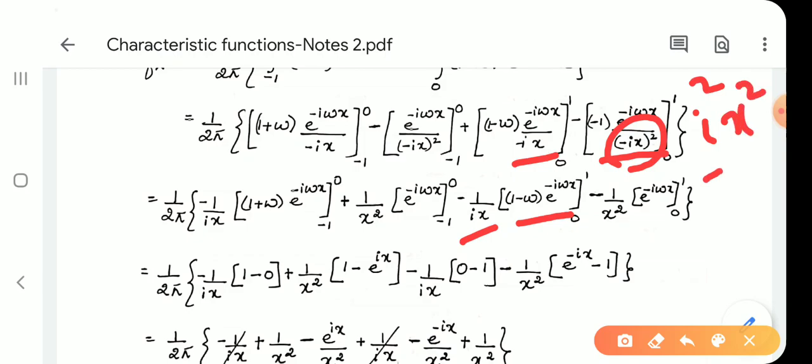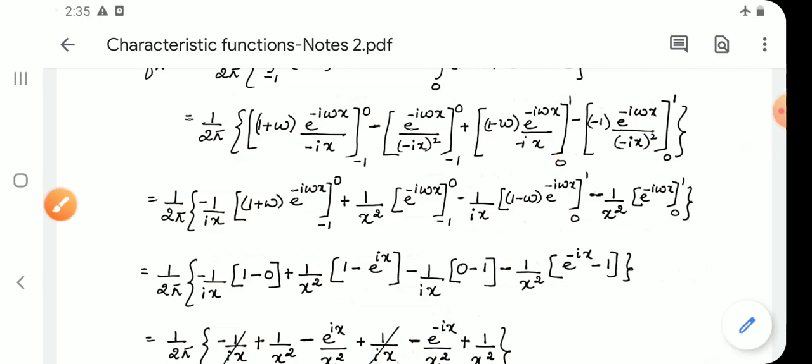The value of i square is minus 1, so into x square becomes minus x square. So here we get 3 minuses: 1 minus outside, here 1 minus, and the denominator again is minus. So the sign outside the bracket becomes negative. So it is minus 1 by x square, and we have to apply the limit for e power minus i omega x, and apply the limit 0 to 1.